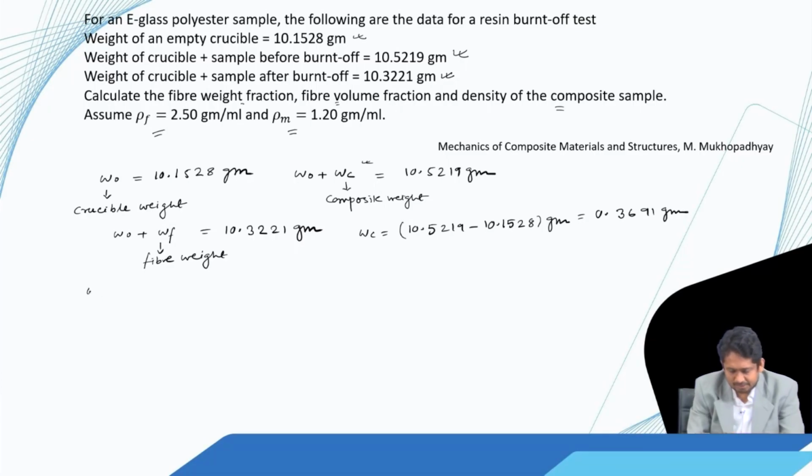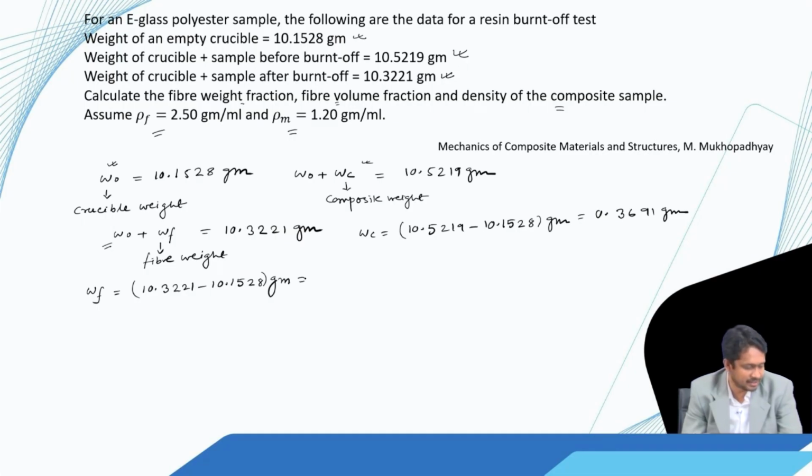Similarly, if I subtract the crucible weight from this quantity, then we get the fiber weight, and that is 10.3221 minus 10.1528 gram, and the quantity that we get is 0.1693 gram.